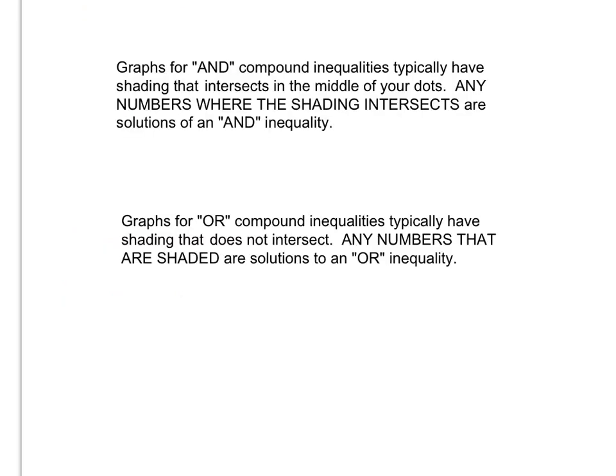So again, here we are on the next slide of the stuff I just said that you might want to write down. Graphs for AND compound inequalities typically have shading that intersects the middle of your dots. So again, if here's my number line, and here's my dots, that shading is going to be right here in the middle. For AND inequalities, the numbers where the shading intersects, right here in the middle, those are the solutions.